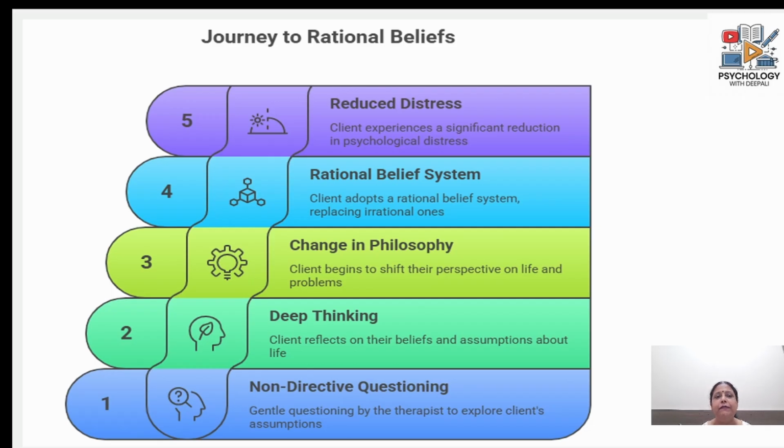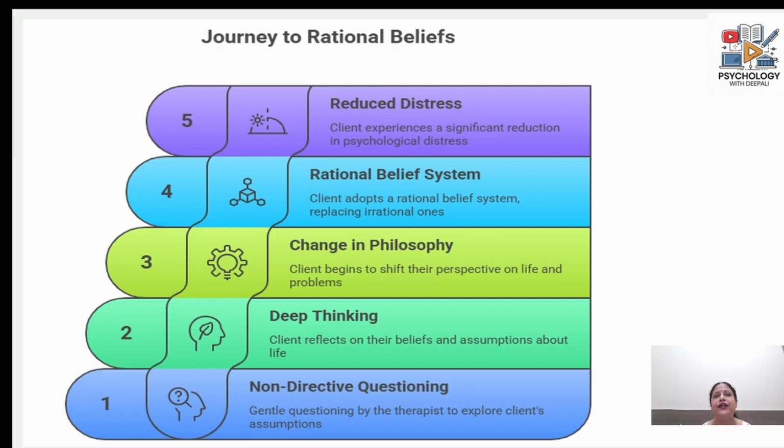Now, the client then begins to shift his perspective on life and problems. Slowly, he is able to become aware that, okay, these are the irrational thinking patterns that I am having. And if I shift away from this, I can adopt a different thinking pattern, which is definitely going to reduce the emotional distress that I'm experiencing.